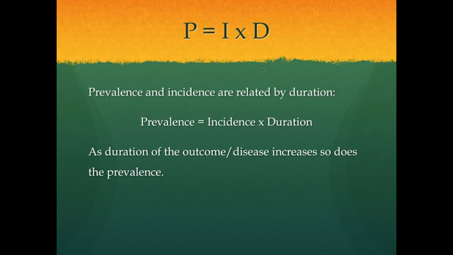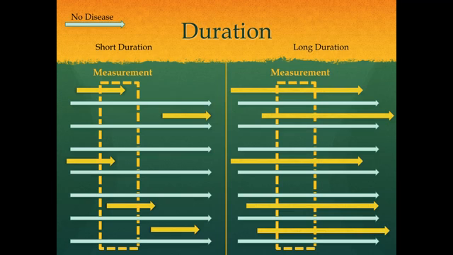Prevalence and incidence are actually related by duration. As the duration increases, so does the prevalence. This relationship can be better understood visually in this example. In the diagram, each arrow represents a person at risk. Blue arrows represent those who are at risk but do not develop disease, while yellow arrows represent those who do develop disease.